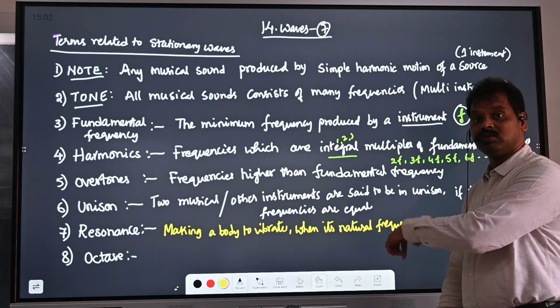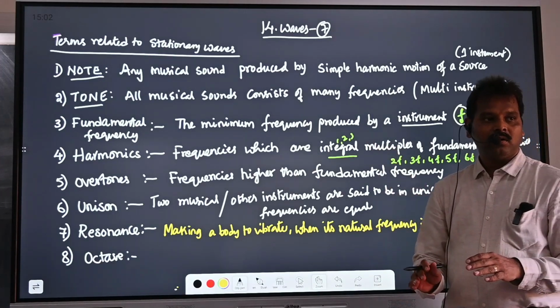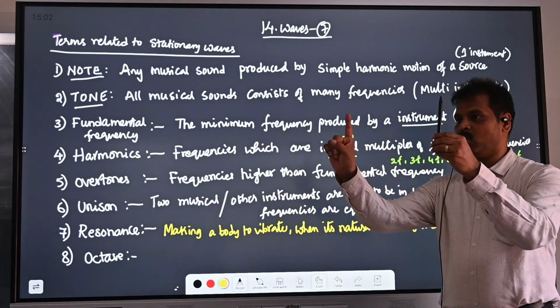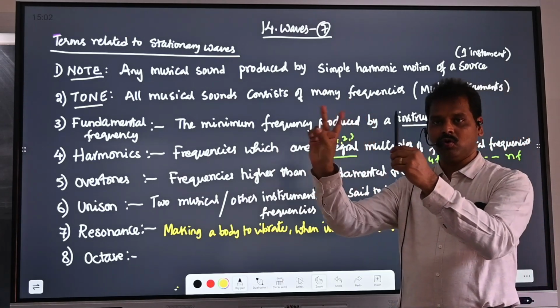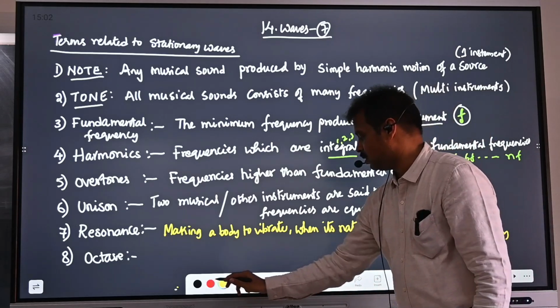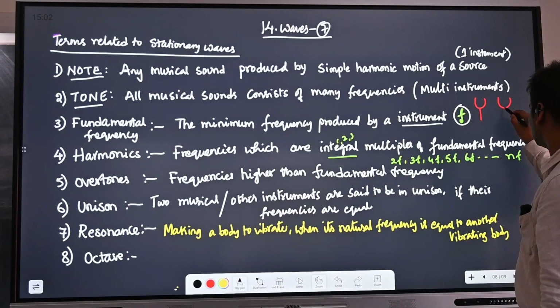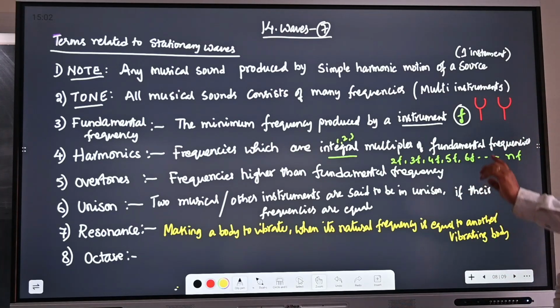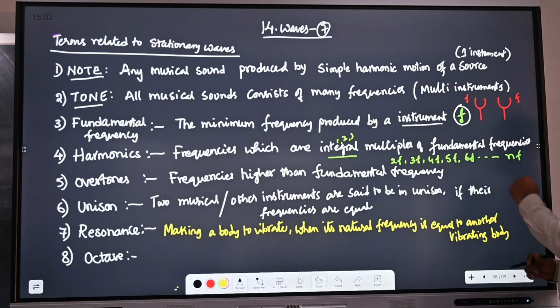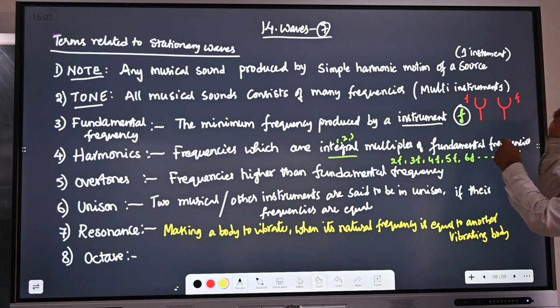We already discussed this previously. Suppose I take two tuning forks. Listen here. I have taken two identical tuning forks whose frequencies are the same. The frequency of this one is F, and the frequency of this one is also F. There is a distance gap between these two, and only this one is vibrated by hitting it with a rubber hammer.